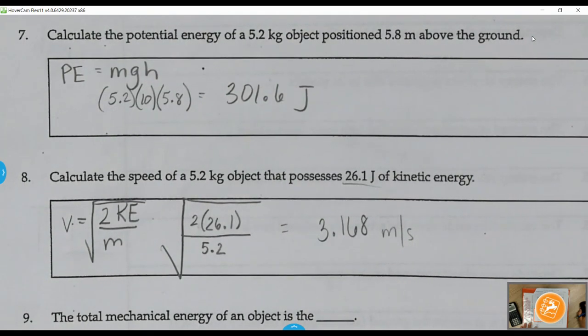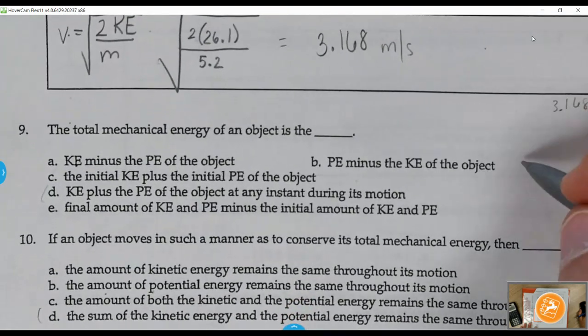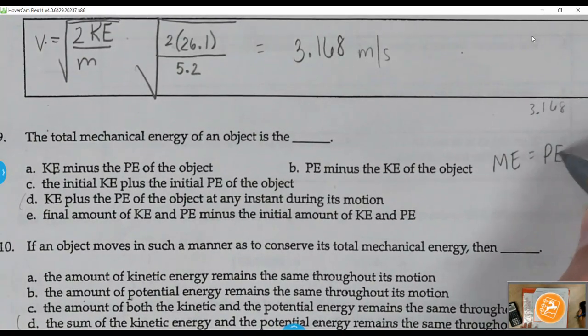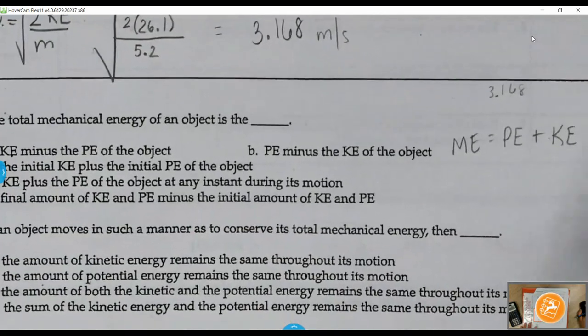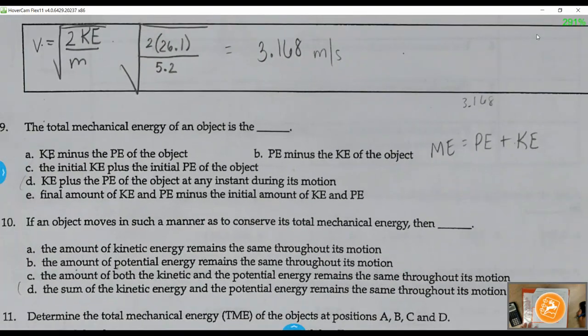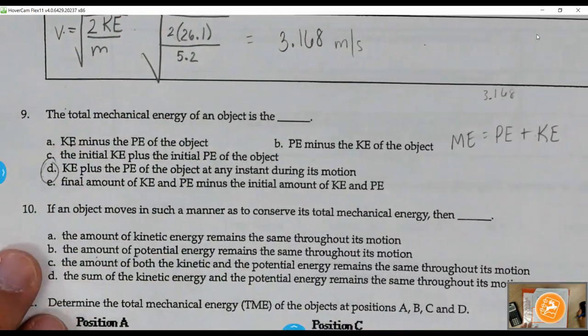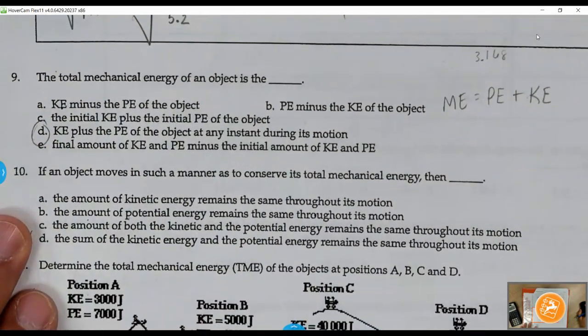The total mechanical energy of an object, ME, is equal to kinetic plus potential, or potential plus kinetic. Either way, if you write it, it's good. So we're looking at letter D. Here, an object moves in such a manner to conserve its total mechanical energy.